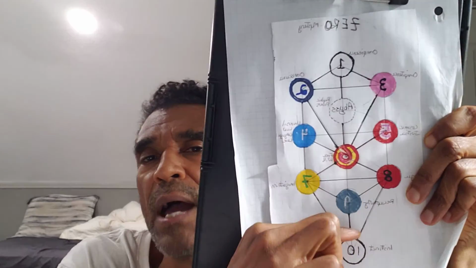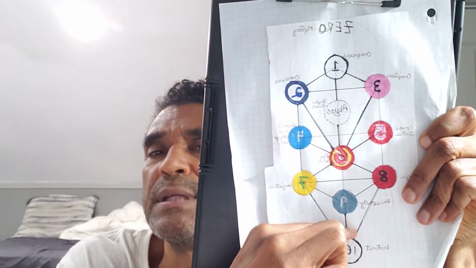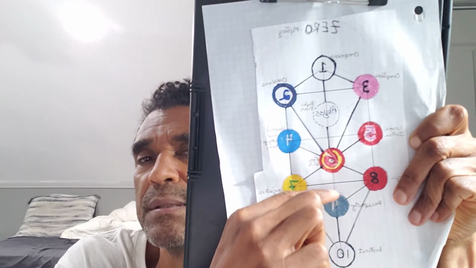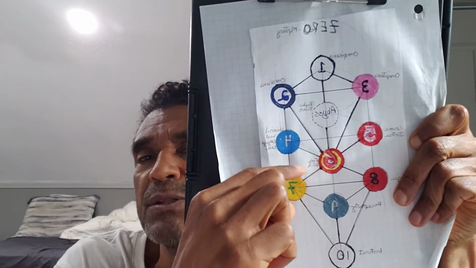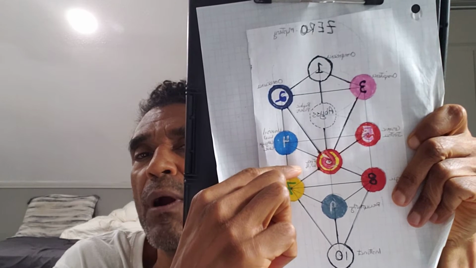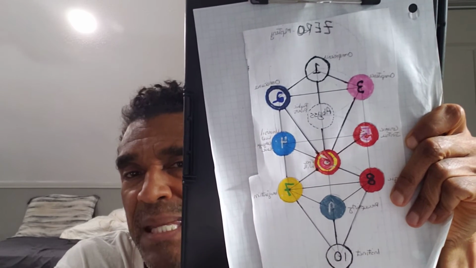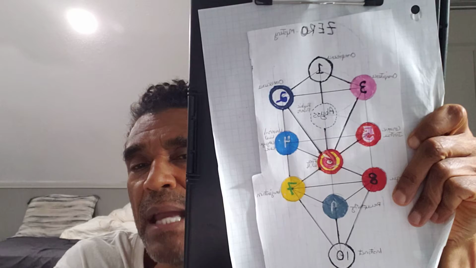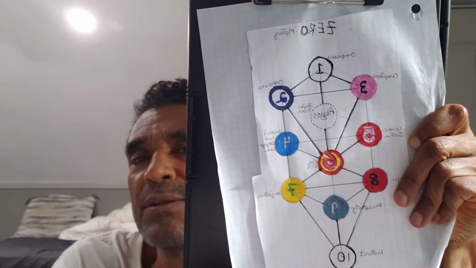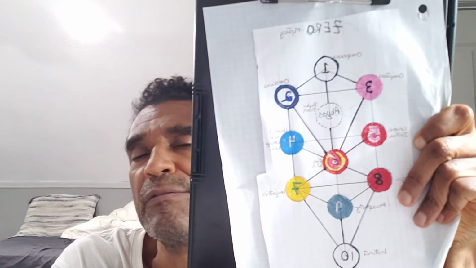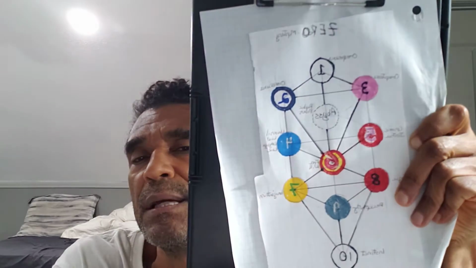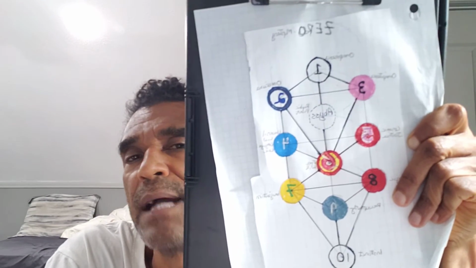So I've broken down each one of the 12 categories into its 12 components. And that makes a total of 144 different mini faculties or mini aspects, or what I call fractal faculties of life, spirituality, history, and consciousness.